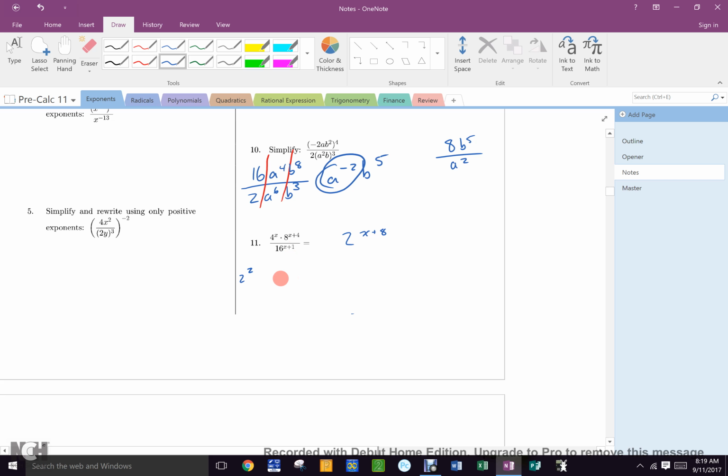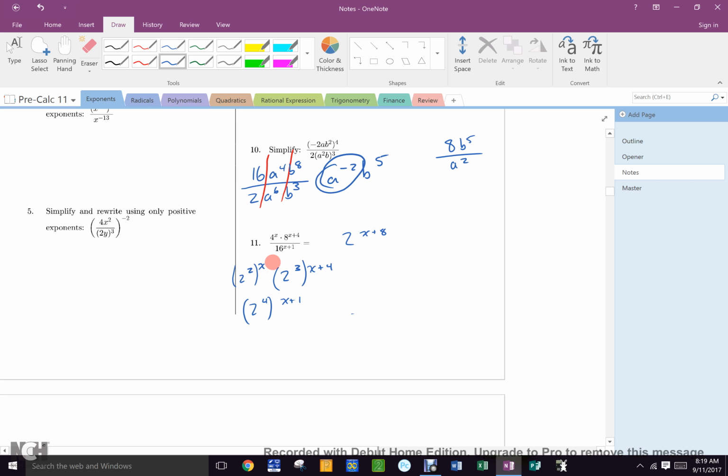And isn't 8 2 cubed? And isn't 16 2 to the 4th? So it's really 2 squared to the x, isn't it? And 2 cubed to the x plus 4, isn't it? And 2 to the 4th to the x plus 1, right?